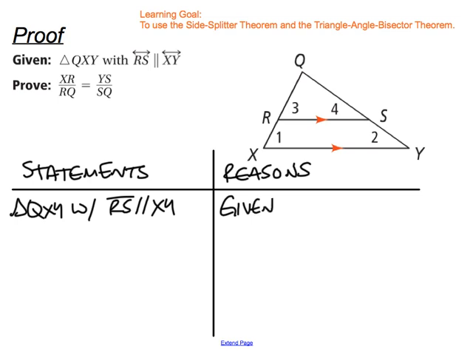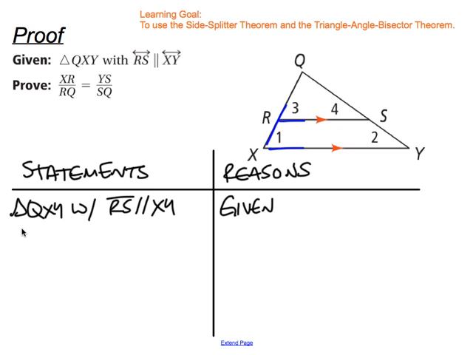If we think back to the chapter on parallel lines, we can see in this case we get some very special relationships. We have this relationship right here between angle 3 and 1. That distinct F shape tells us that those are corresponding angles, and if we remember, corresponding angles are congruent.